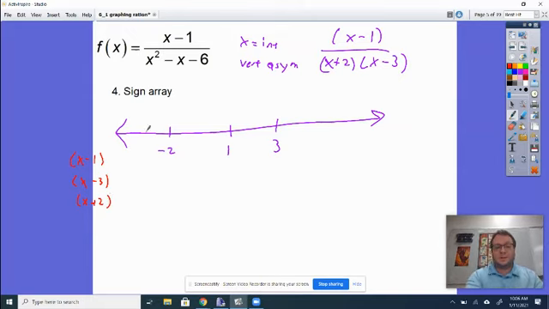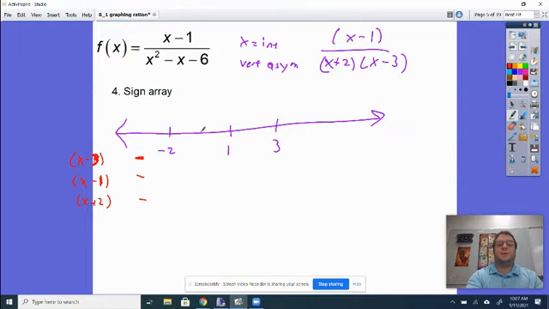Let's pick a number out here, say -3, to the left of the three numbers that I care about. If I put -3 in for the first term, I get a negative, because -3 minus 1 is negative. Same thing for the others, still negative.